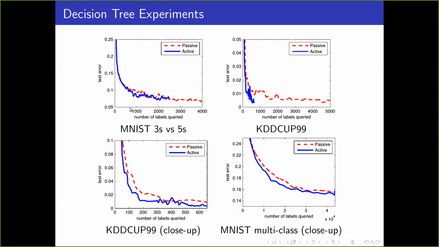First of all, I should tell you that all of these are active learning by simulation results. You have a large supervised data set, and you run through it, asking to label or not over and over again, recording the test error as a function of the number of labels.